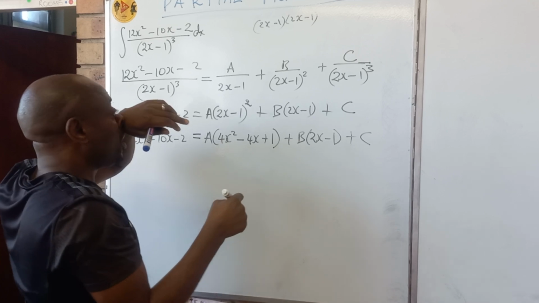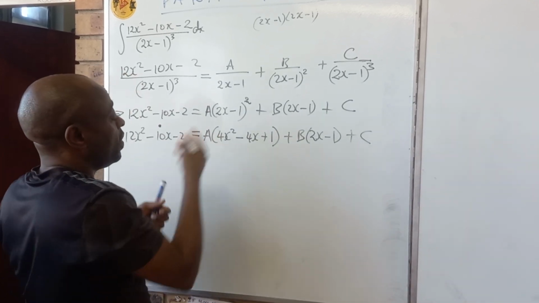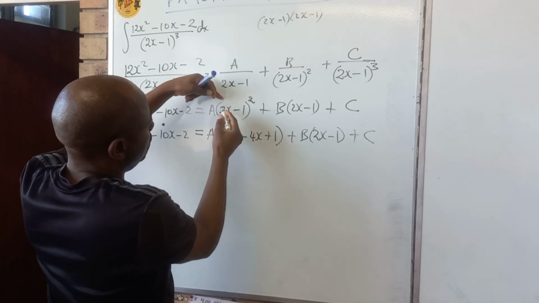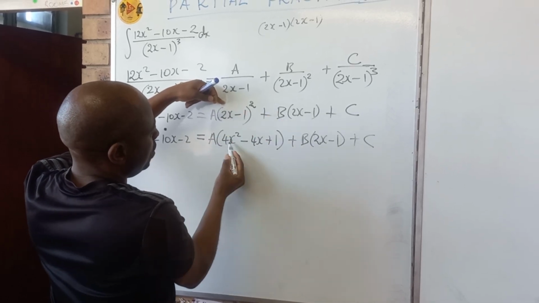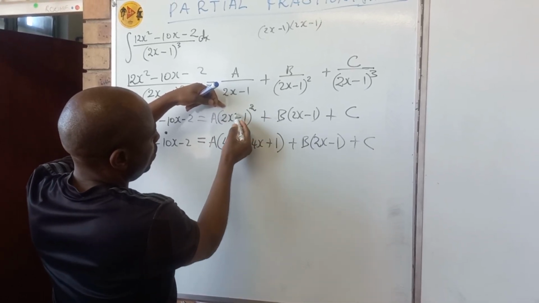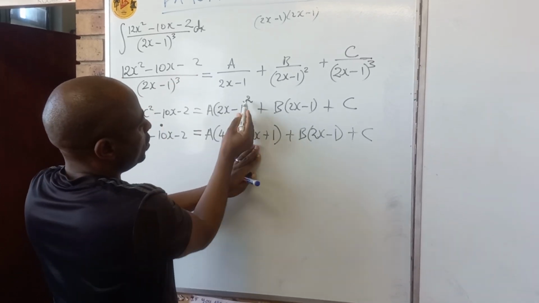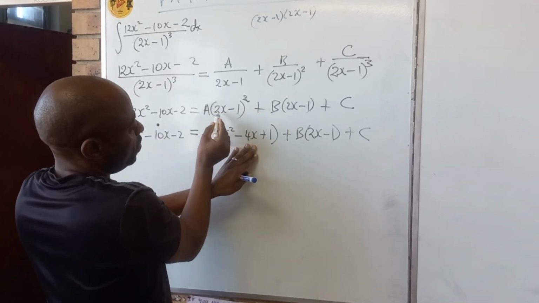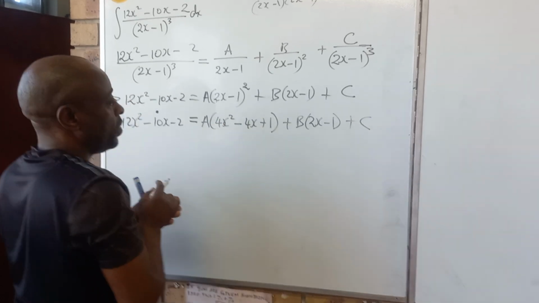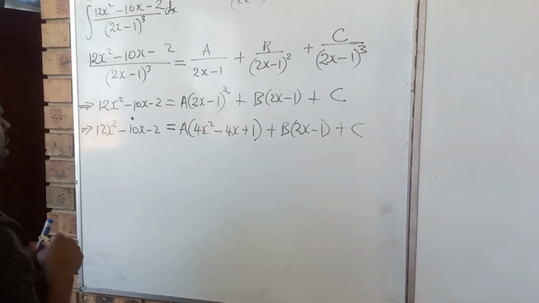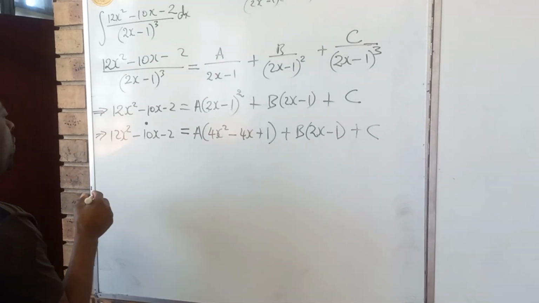That is okay if you can do that, but for me that's for high school students. For tertiary students, you just take 2x and square it, you create your 4x squared. You take negative 1 and square it, it gives you positive 1. Then the middle term is always 2 times negative 1 times 2x. If you know simple techniques like that, it always helps you move fast.